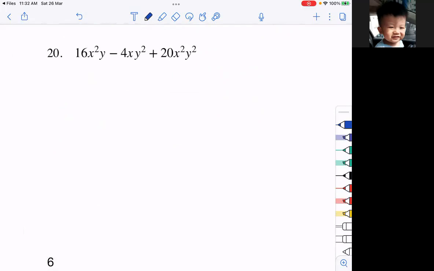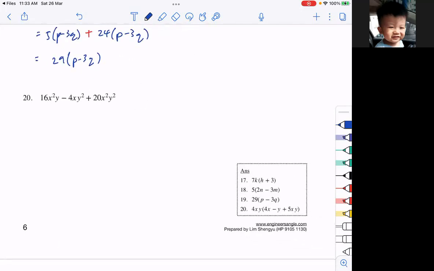There's a lot of algebra, but not difficult. Correct, that's the answer. Good. Okay.